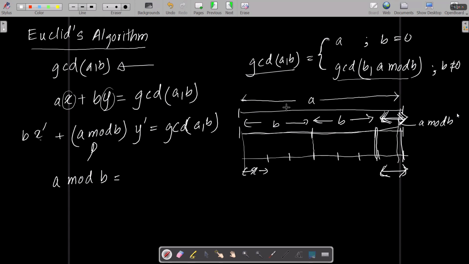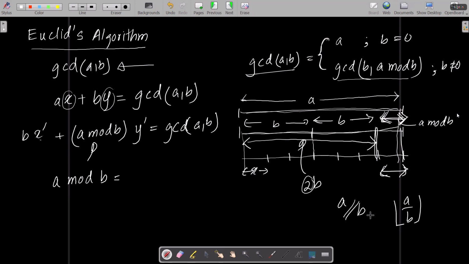That is, you can take A, this distance, and subtract this distance. So how to find this distance? This is 2 times B. This is 2 times B. Where does this 2 come from? That is the integer division of, if we integer divide A by B, it will always give us the floor value. Floor is denoted like this.